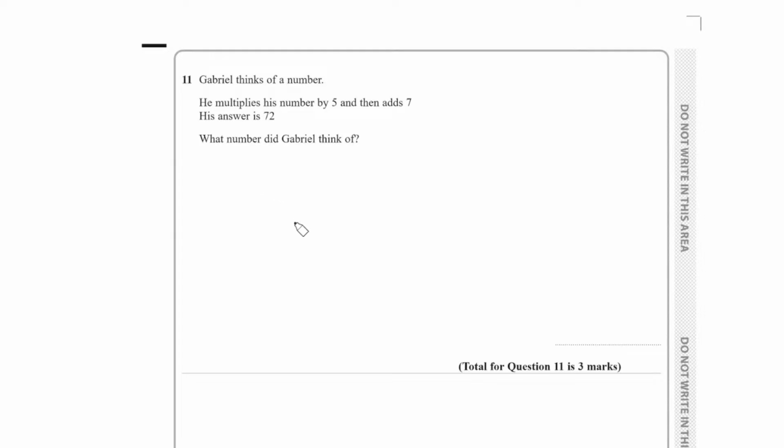Is the signal not very good? Maybe I need to swap Wi-Fis. I'm not sure what's going on with the audio then. It says green right now. Oh no, it's gone back to red. Is the audio for everyone else not very good either?